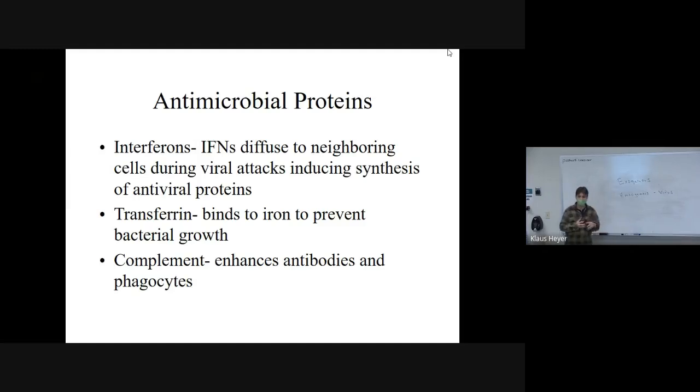First they get in the cell, then they start doing their damage. It's like a Trojan horse. All viruses are. They're so simple. They're a strand of DNA or a strand of RNA, and then they're covered by some kind of protein.